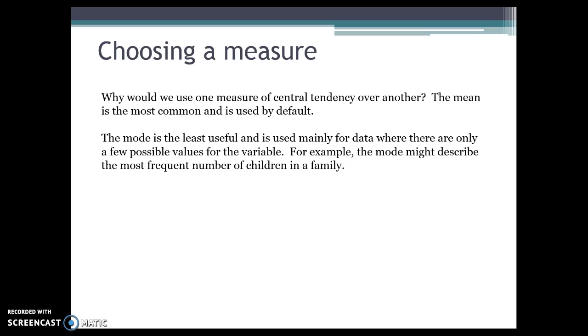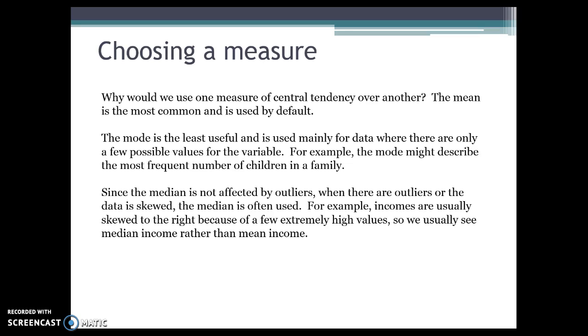The only time you'd really want to use the mode is if you're talking about something where there are only a few possible values, like the most frequent number of children in a family, the most frequent number of bedrooms in a house in a certain neighborhood, something like that. A benefit of the mode too is that it can be used with nominal data, and that's the only one of these that can be. So otherwise we don't use the mode very much.